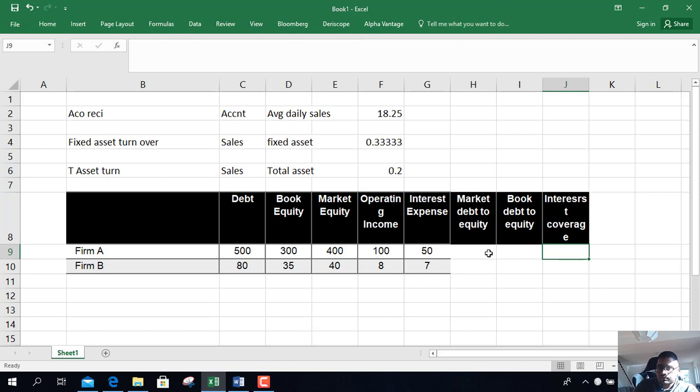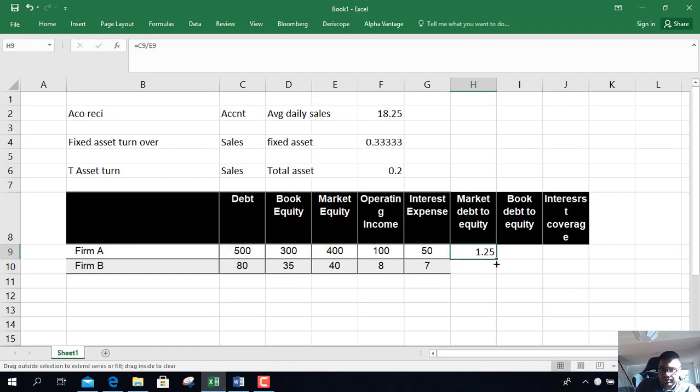Okay, so market debt to equity ratio will be total debt divided by market value of equity.